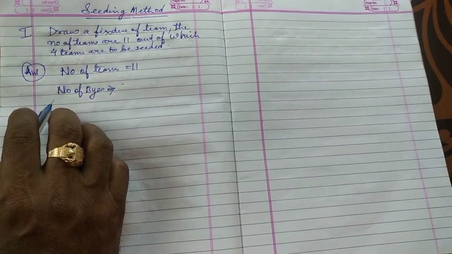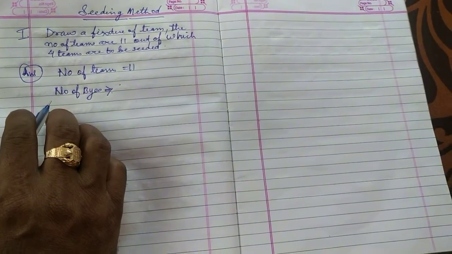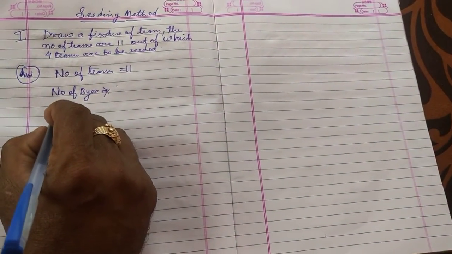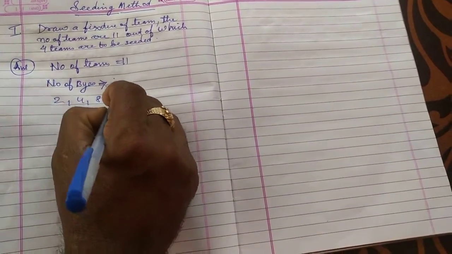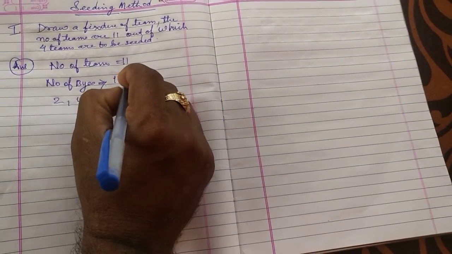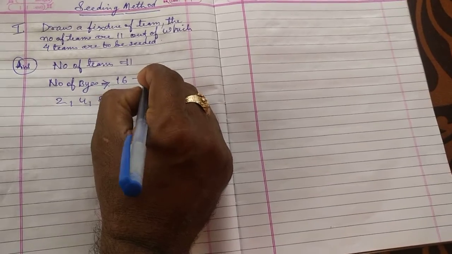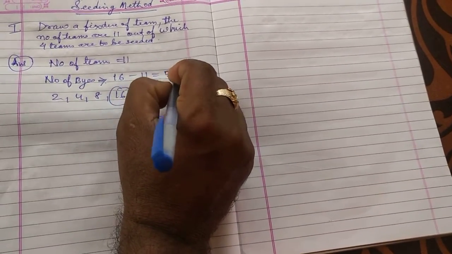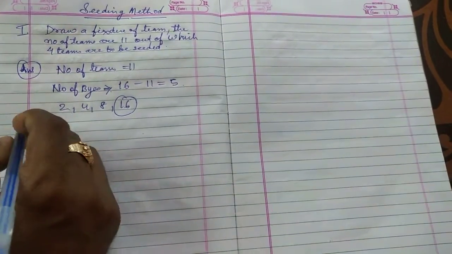First of all, you have to find out the highest power of 2. What is that? 2, 4, 8, 16. So therefore number of byes is equal to highest power of 2 minus number of teams, which is equal to 5. 5 byes.